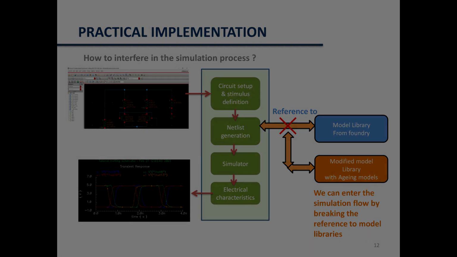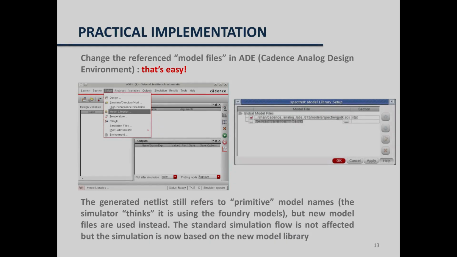So how can we do that? Let's go to slide 13. Changing the reference model files in Cadence is very easy. You just need to go to the setup and model libraries, and then you can add a different root model file. And this root model file will point to your modified libraries, and that's it.